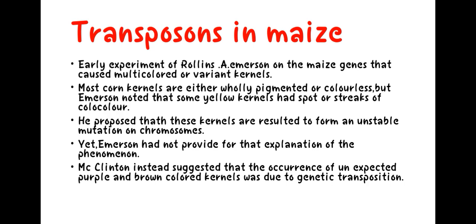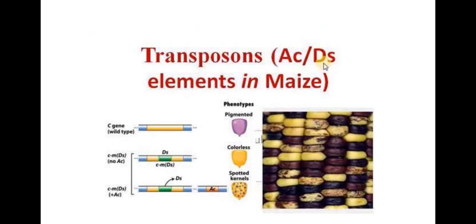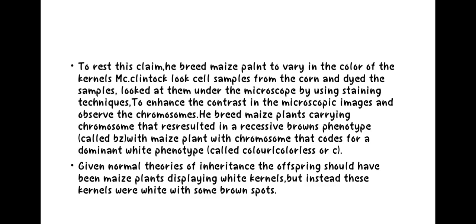Barbara McClintock instead suggested that the occurrence of unexpected purple and brown colored kernels was due to genetic transposition. C gene, wild type, pigmented. No Ac, colorless, spotted kernels. To test this claim, she bred maize plants that varied in the color of the kernels.